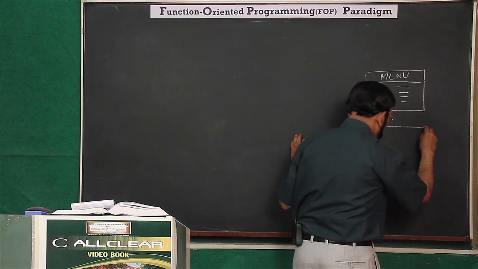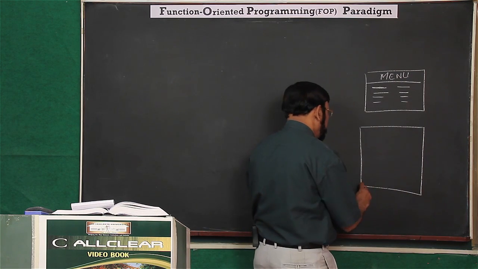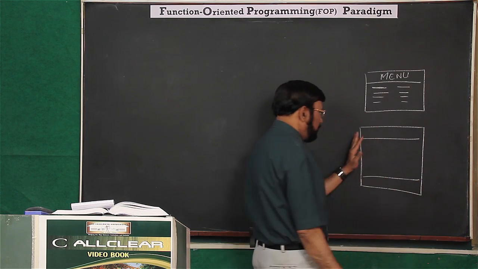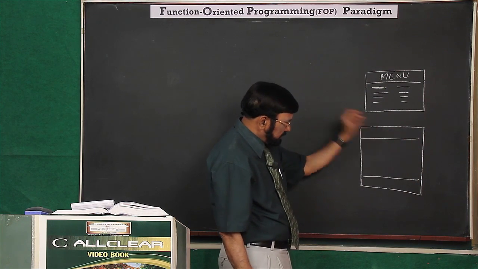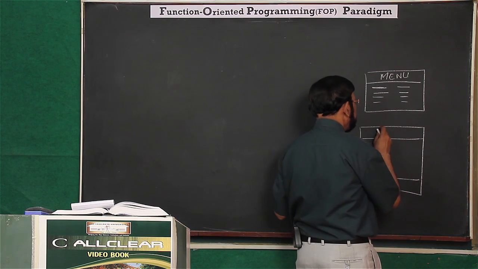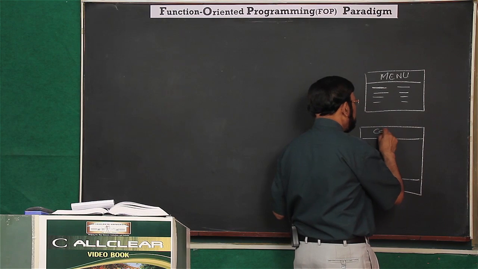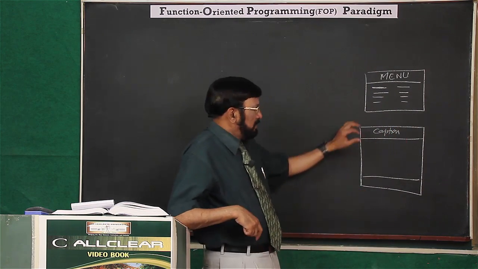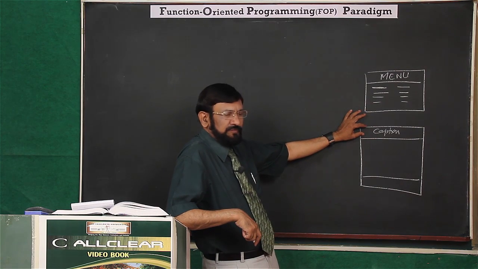Next, come to the cash bill. In the cash bill, every cash bill is in three sections. The first section is the caption, such as Taste Gallery, Fast Foods.